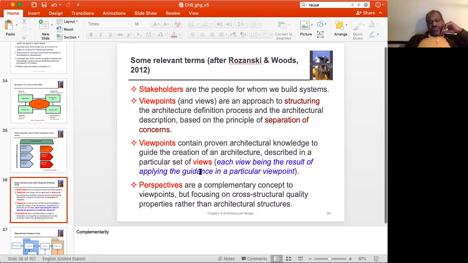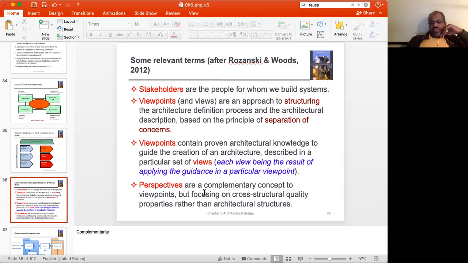Now, Rozanski would make a distinction between viewpoints and perspectives. It's worth saying, you don't have to adopt it, but it's worth getting to know, because perspectives to them are about the cross-cutting qualities of the system. So they say perspectives are a complementary concept to viewpoints, but these focus on cross-structural quality properties across the entire system.